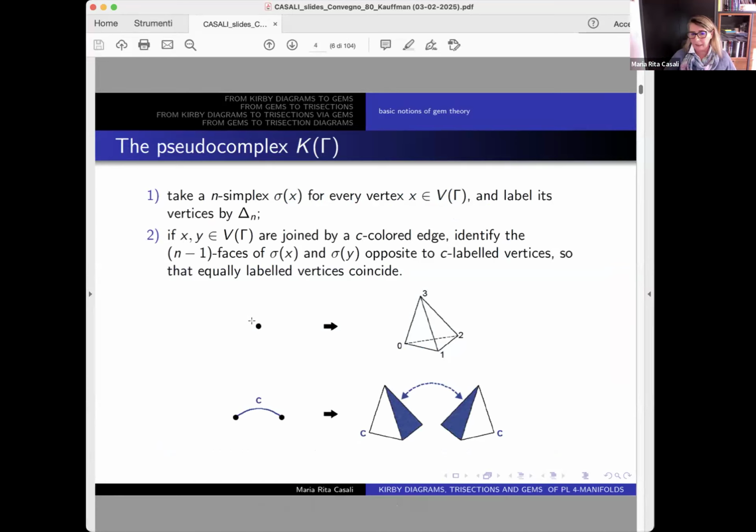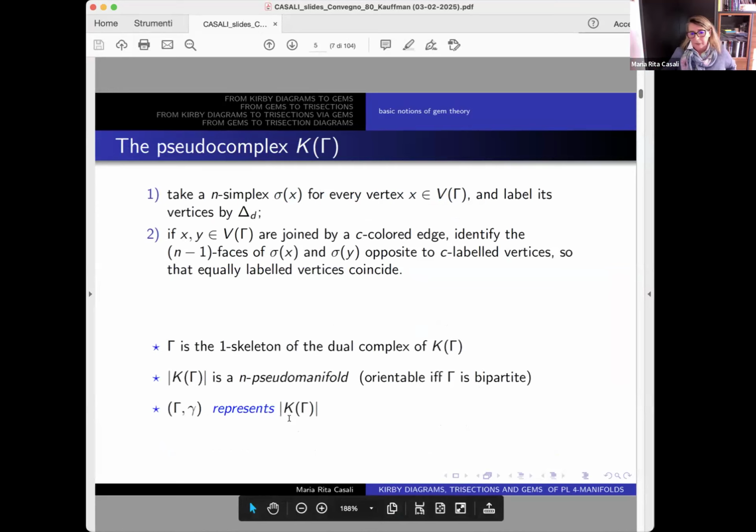Each vertex of the graph represents an n-simplex with its vertices labeled by 0, 1, ..., n, while each c-colored edge corresponds to the identification of the (n-1)-faces opposite to the c-labeled vertices. Note that the graph is exactly the one-skeleton of the dual cellular complex of the pseudocomplex K(Γ).